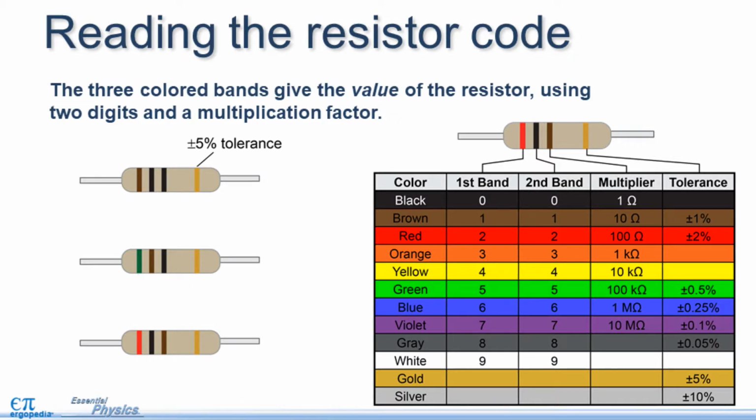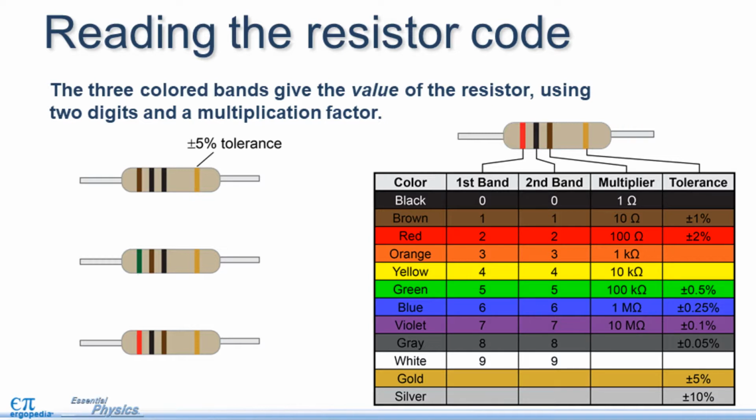You'll probably not see this on the AP exam, but it is actually kind of interesting and necessary in the class in order for you to be able to look at resistors that are in the bag and be able to determine their resistances. So there are colored bands. There should be 3 colored bands that give you the value of the resistance, and then the last one should be your tolerance.